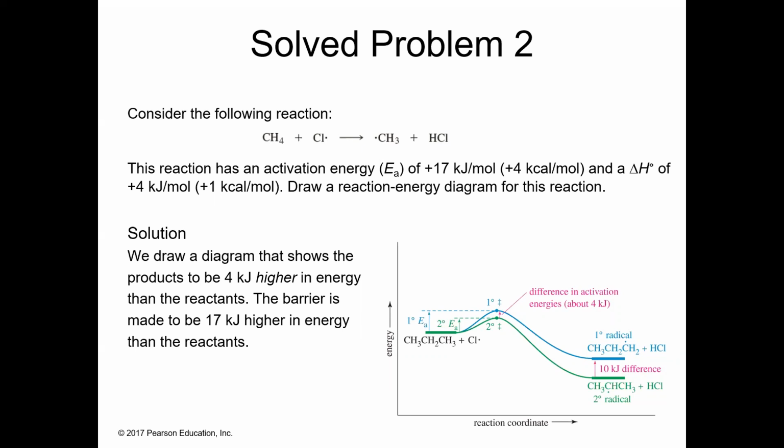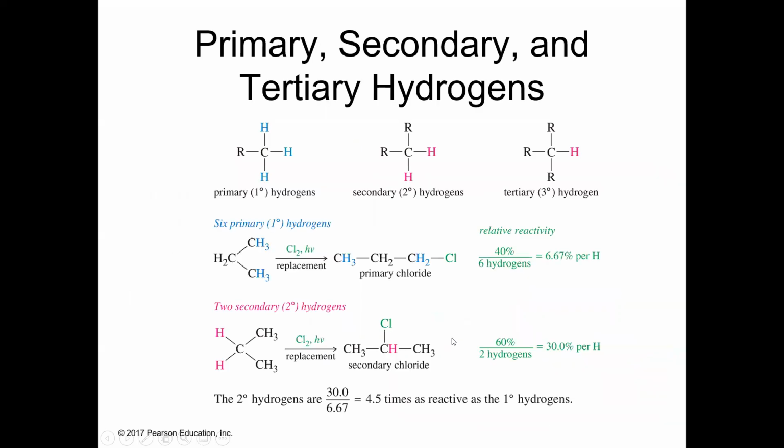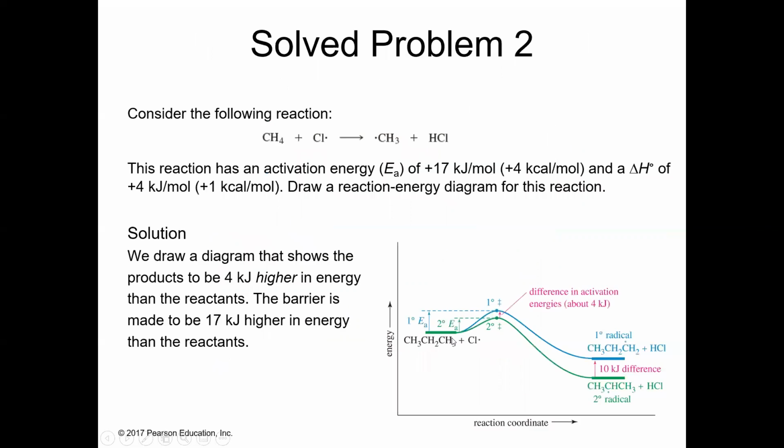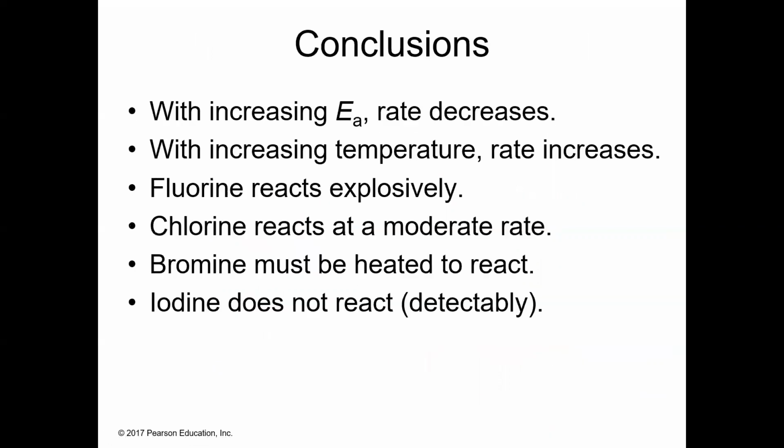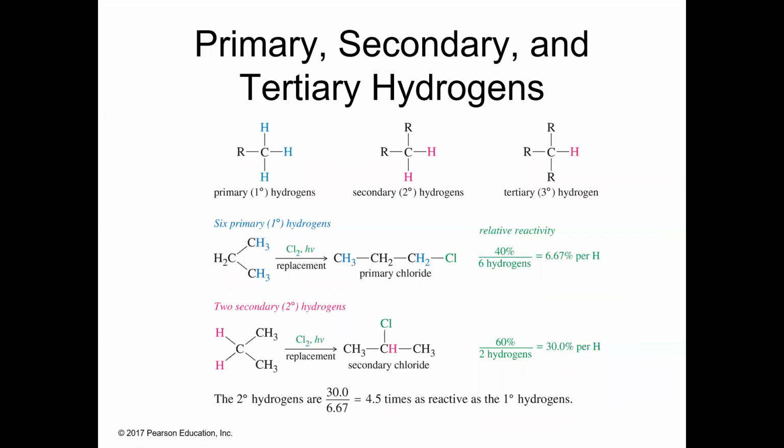So draw an energy diagram for this reaction. This diagram actually doesn't fit because this isn't methane. So we're going to move on to the next slide here. This diagram actually fits the next slide.